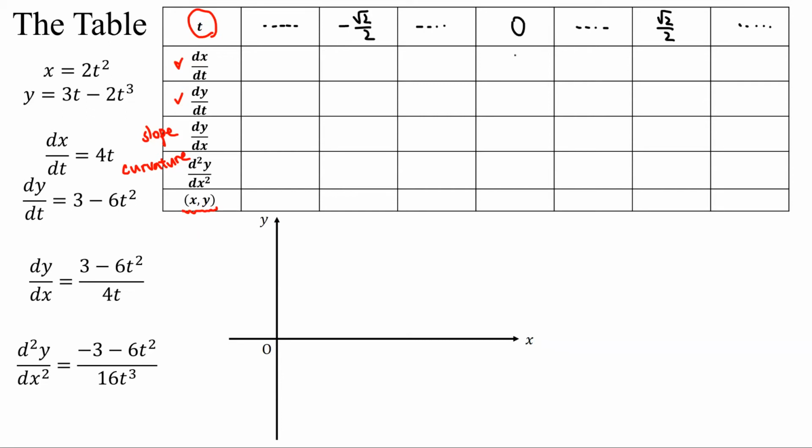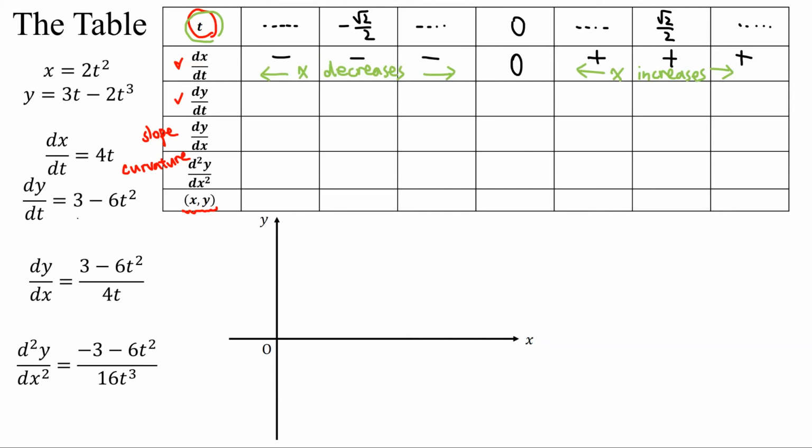Right, so first, you can notice that at t equals 0, dx over dt becomes 0, and the sign of dx over dt is positive here and negative here, which means that if we change t values, x increases in this interval and x decreases in this interval.